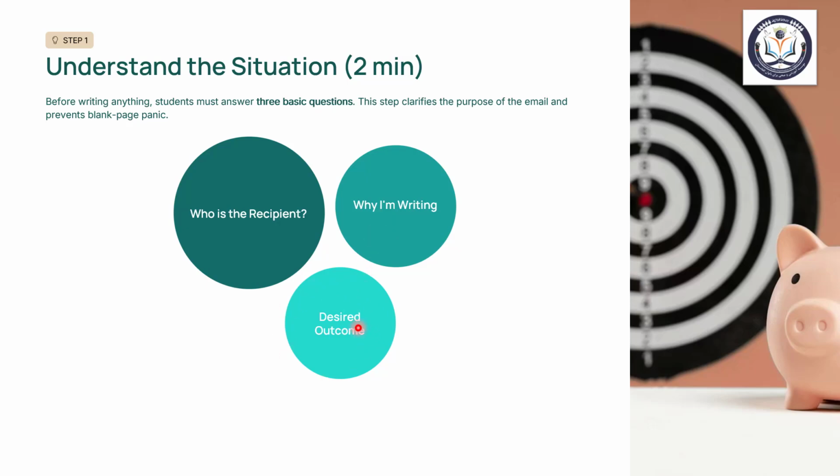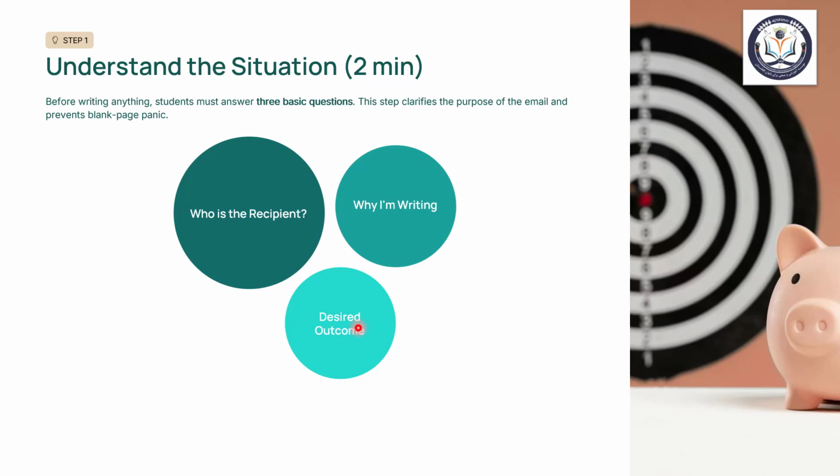The third thing, which is very important, is the desired outcome. The desired outcome simply refers to the idea of what the writer expects the result to be.